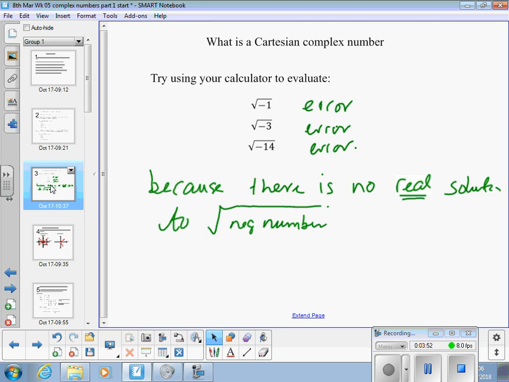There is a complex solution to the square root of a negative number, but not a real solution.